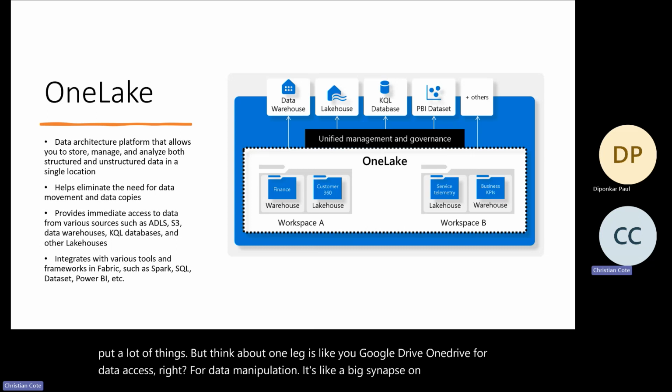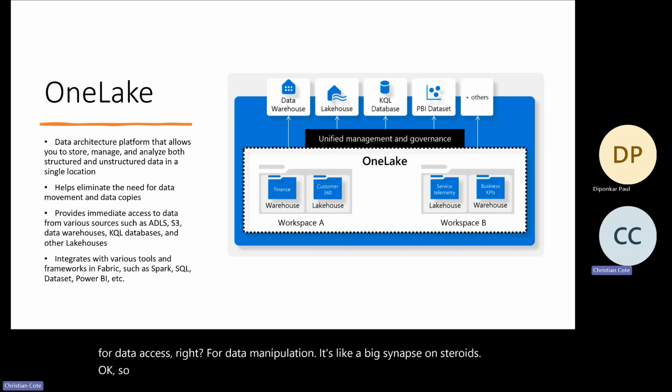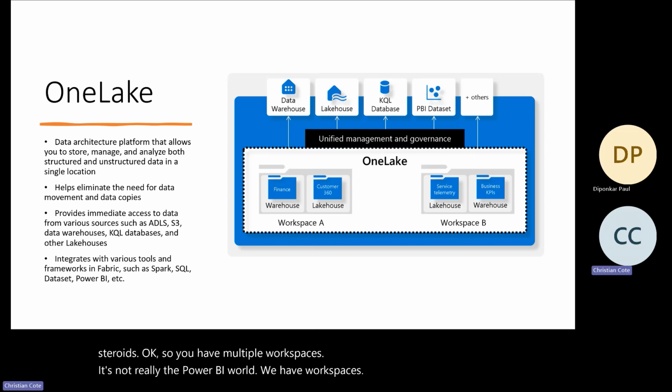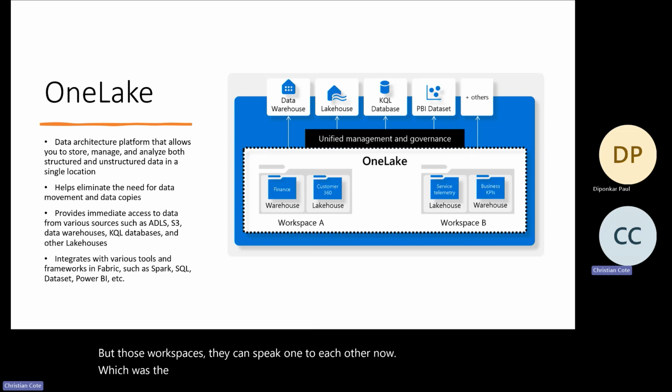So you have multiple workspaces because now we're in the Power BI world, we have workspaces, but those workspaces can speak to each other now, which was different because it was tough to do with the Synapse workspaces. And then on top of that, you will have your warehouse, your lakehouse, your finance, customer, telemetry, business here.